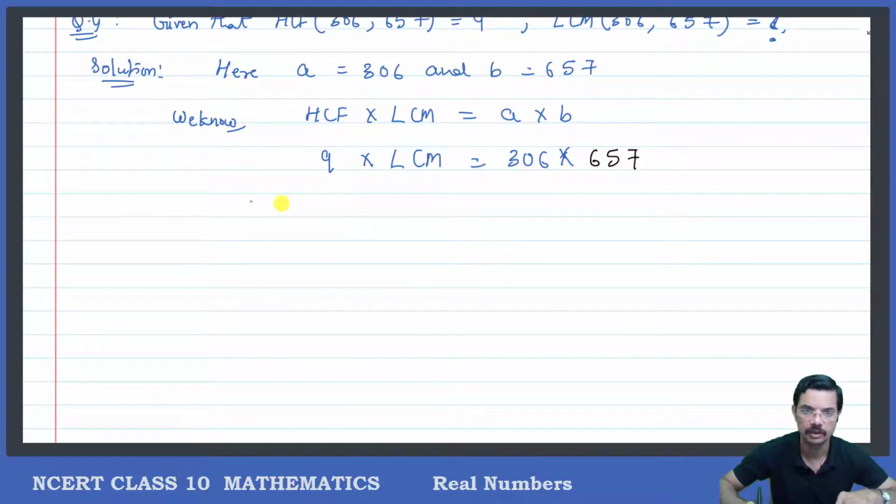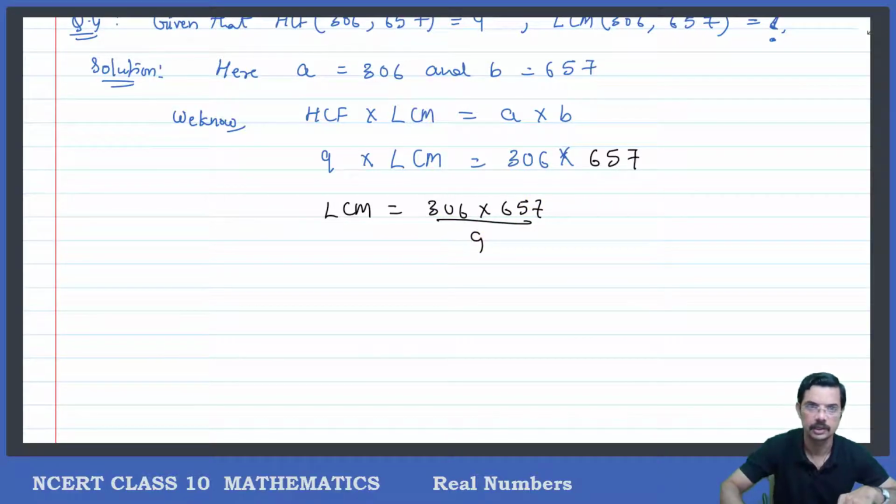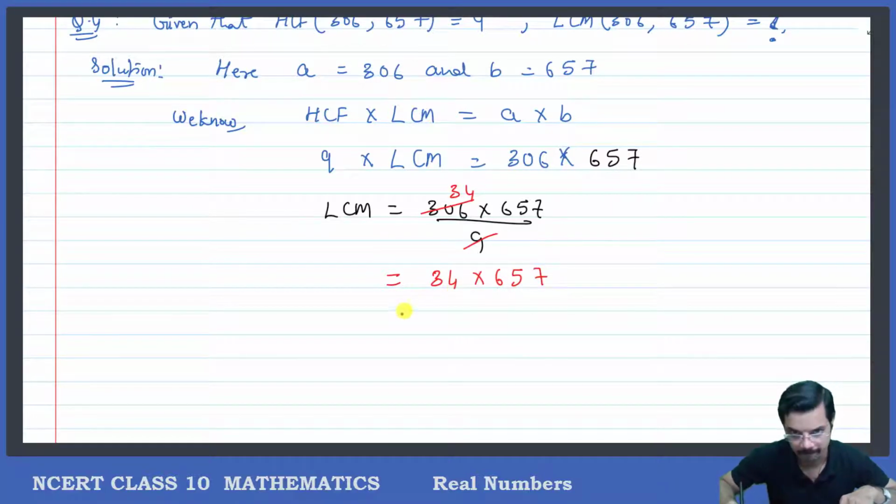So LCM will be equal to 306 into 657 divided by 9. We can cancel, and when we cancel this, you get 34. So this is 34 into 657. What happens when we multiply?